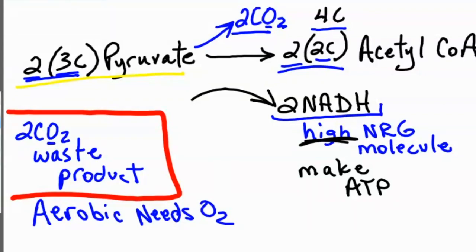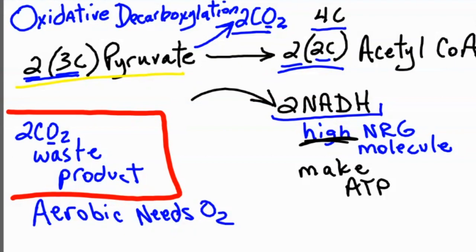It seems like every book that talks about this process gives it a different name. It's kind of an intermediate step. So some books call it a transitional reaction or something. The process, as you can see on your handout, I refer to this as oxidative decarboxylation.